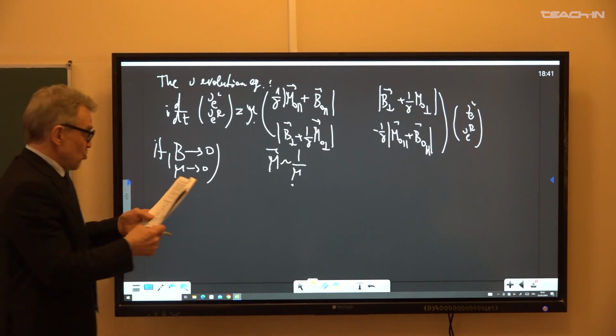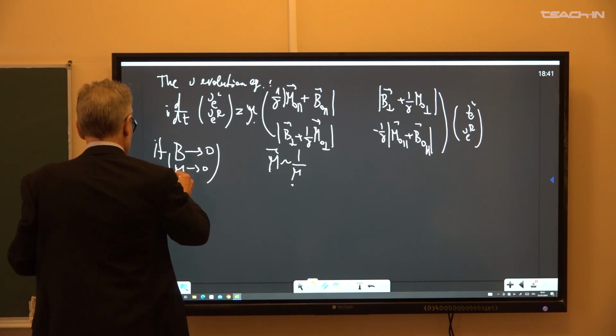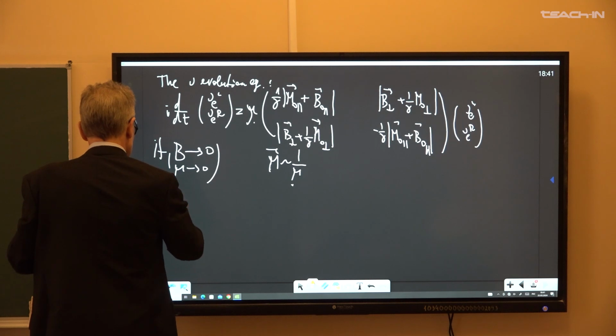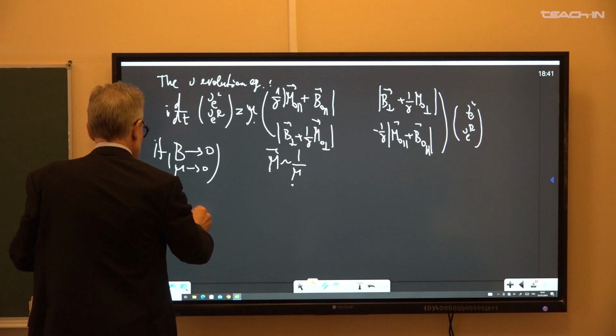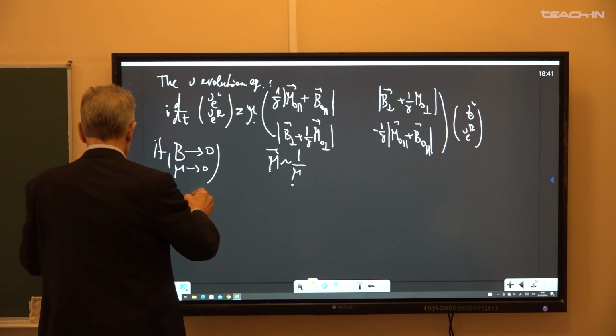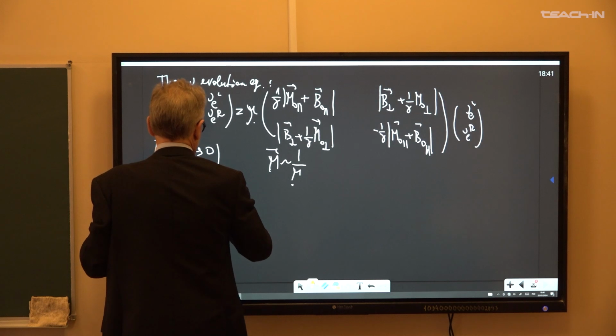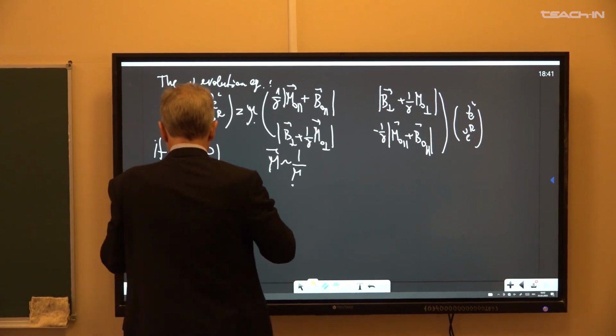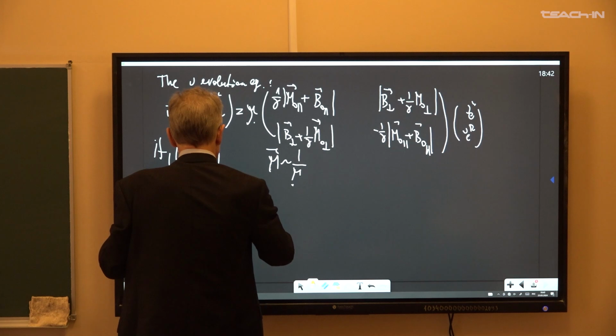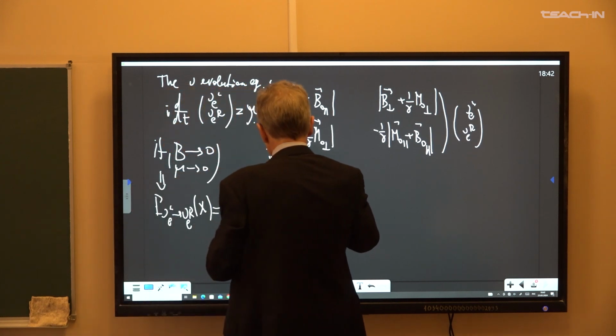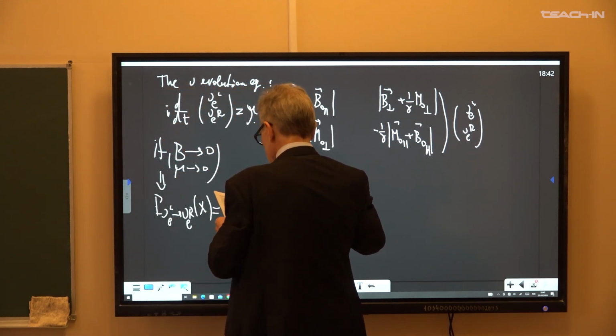So we can write immediately the probability of neutrino electron to neutrino left-handed, right-handed, as a function of travel distance, equal to sine squared double theta effective times sine squared of pi travel distance x divided by L effective.